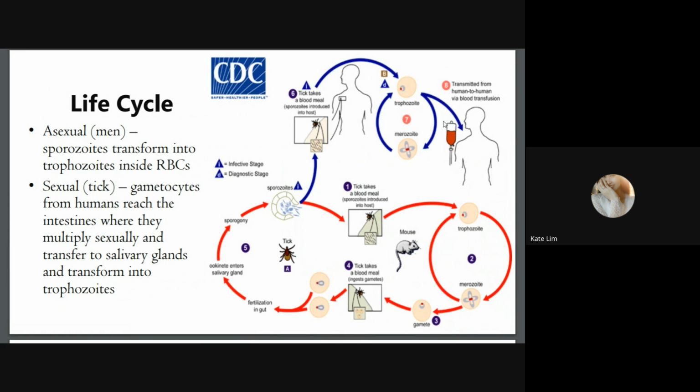Unlike malaria, where you could actually see schizonts and gametocytes, in babesiosis no schizonts or gametocytes are found in the PBS.